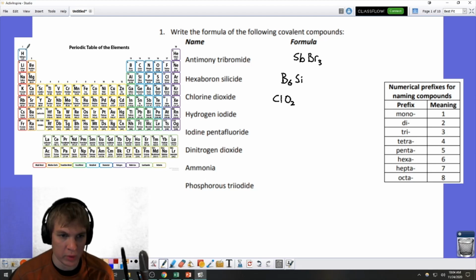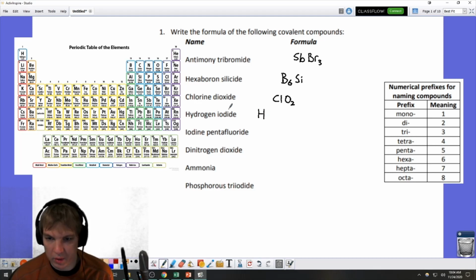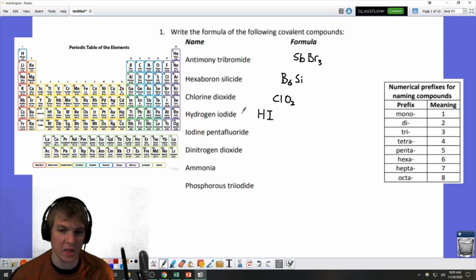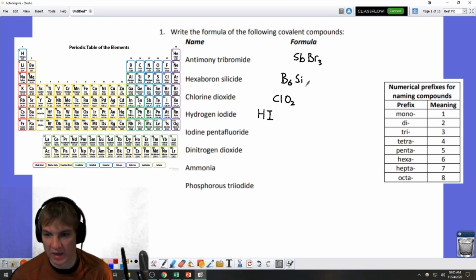Notice it has a blue border next to it because it is a nonmetal. So hydrogen is just by itself because there's no mono or anything. There's no di, tri, or any other prefix. And then we have iodide. Okay, so iodide is by itself. And again, this is another case where we could have monoiodide in there, but in this case, it's just simply known as hydrogen iodide. So it's just HI.